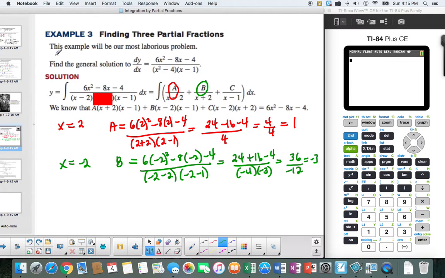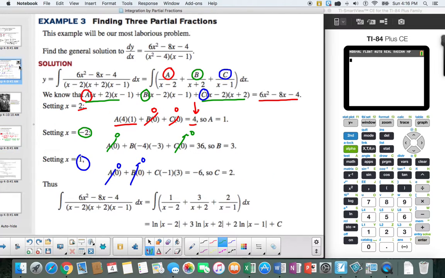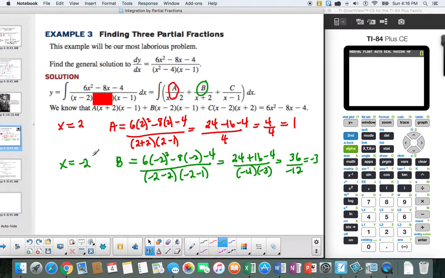Now let's go back and see if that's what I got. I should have got a +3, so somewhere I'm making a mistake, and yes, that should have been a positive answer right there. So then I get +3.